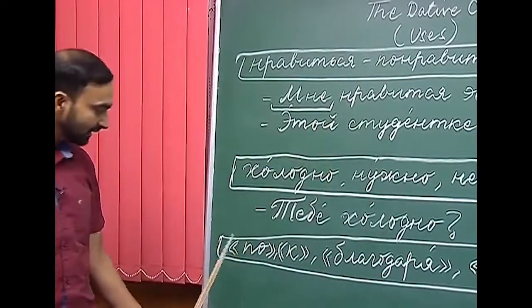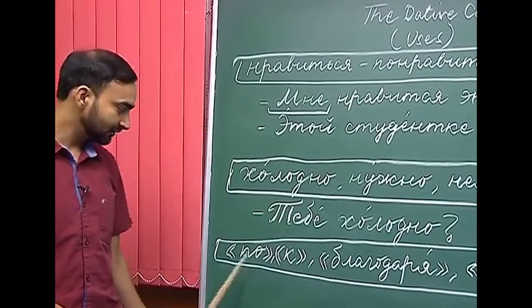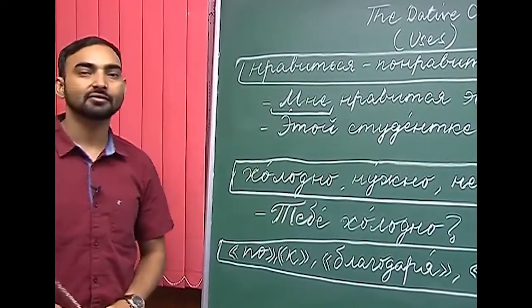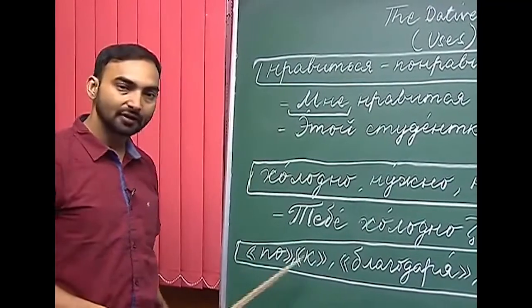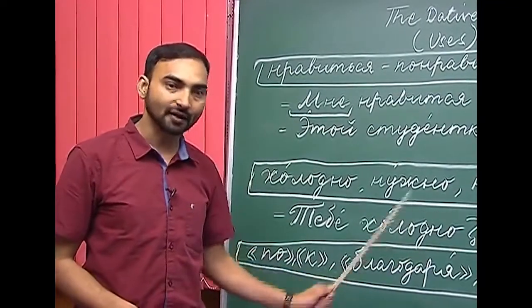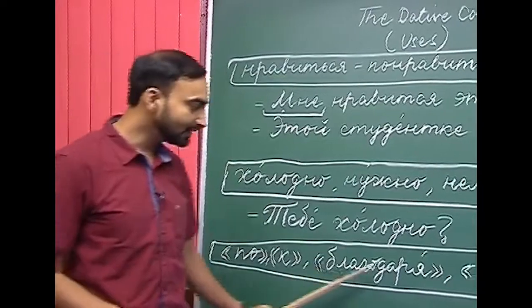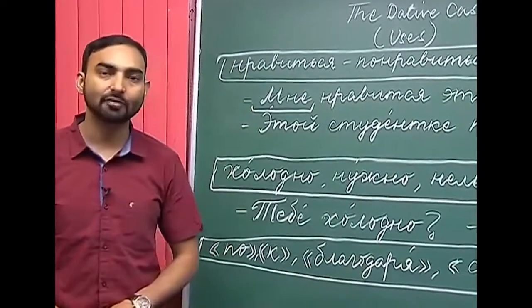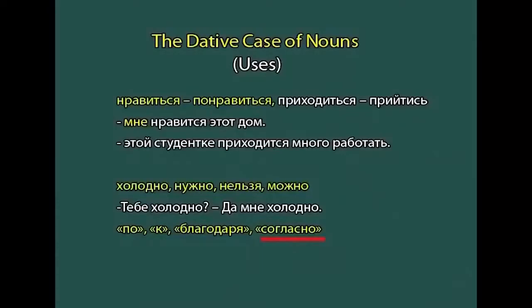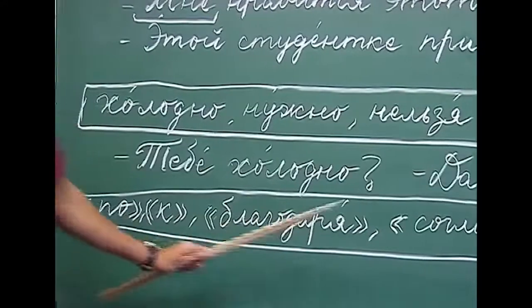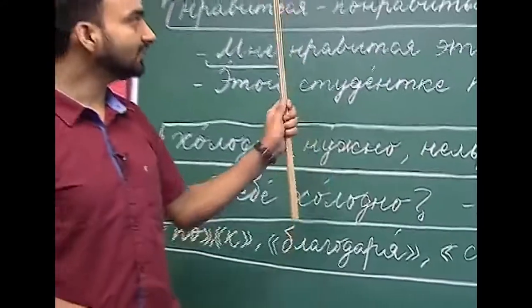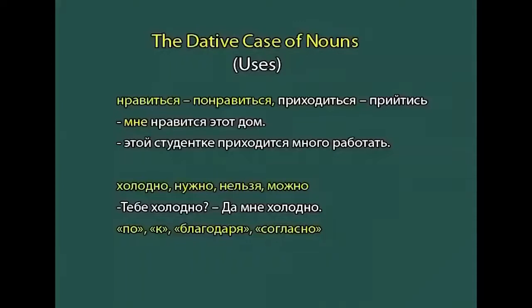For example, the preposition po, which means movement along the surface, on the surface, ka, movement towards something or someone, blagadarya is thanks to or because of, saglasna is according to or in accordance with. So, these are some of the prepositions after which we use the dative case of nouns.